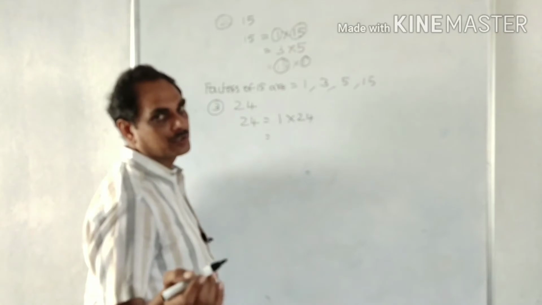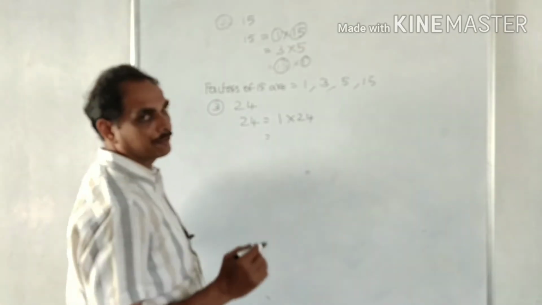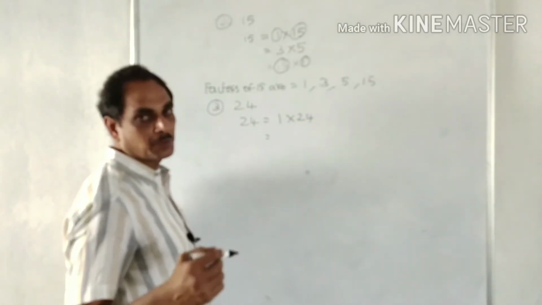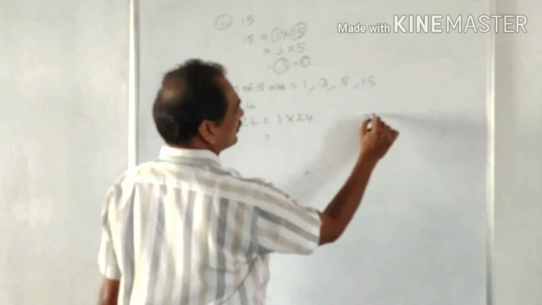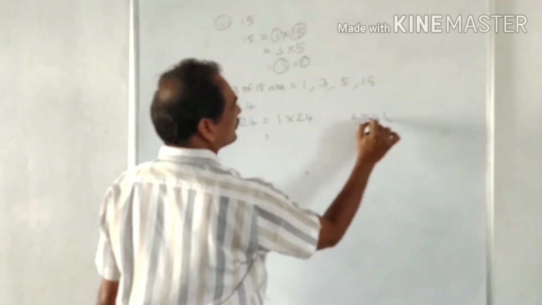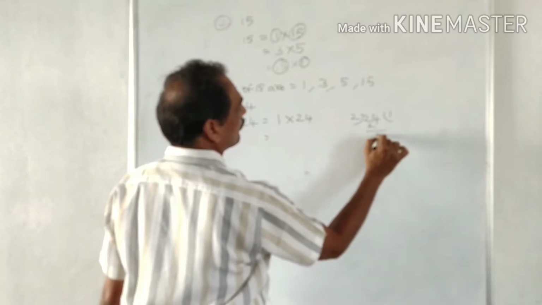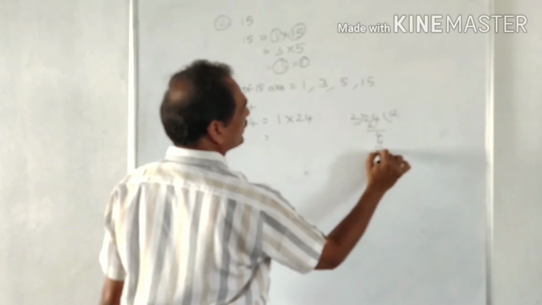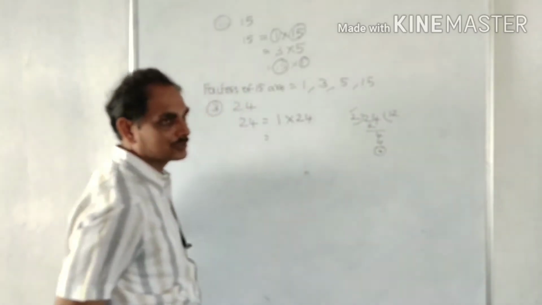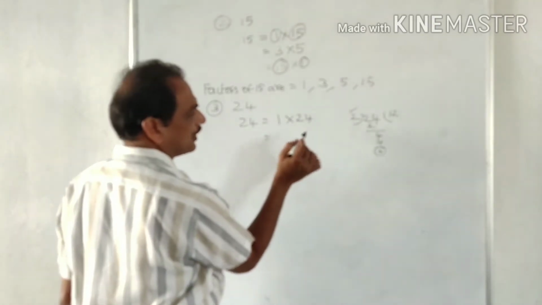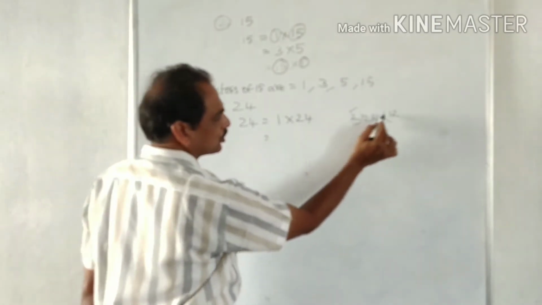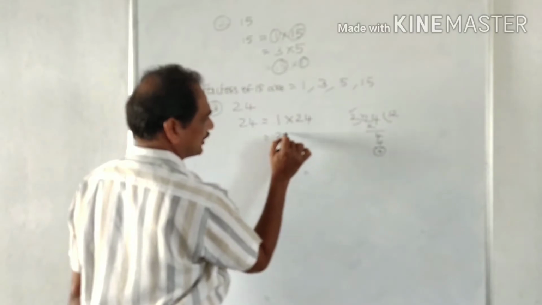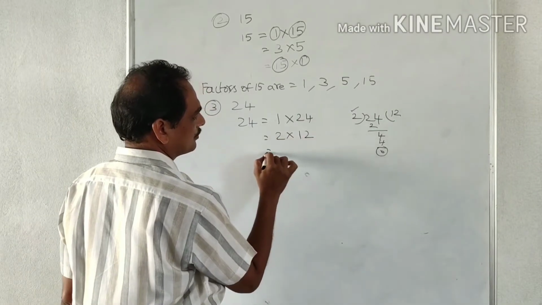So we divide 24 by 2. 2 ones are 2 and 4, 2 twos are 4, remainder is 0. So 2 is a factor of 24. 2 twelves are 24, so we write 2 into 12.